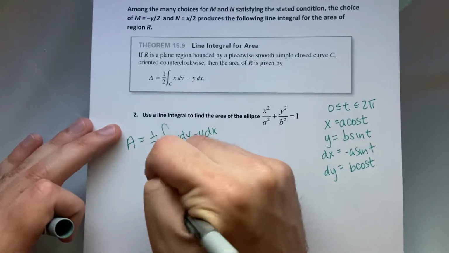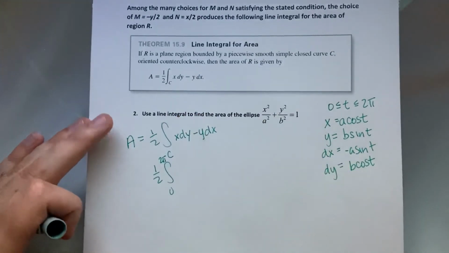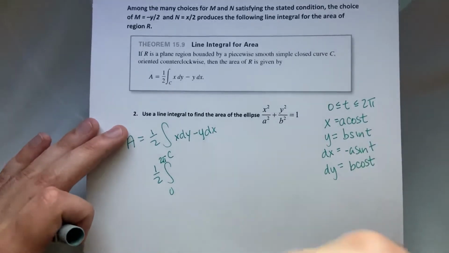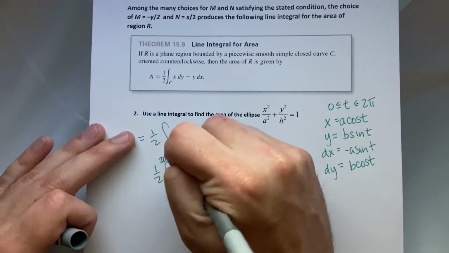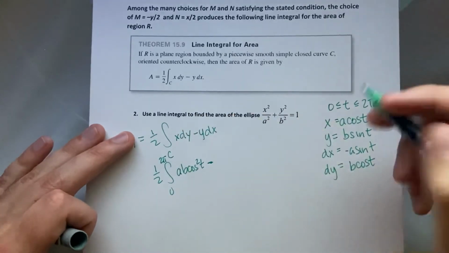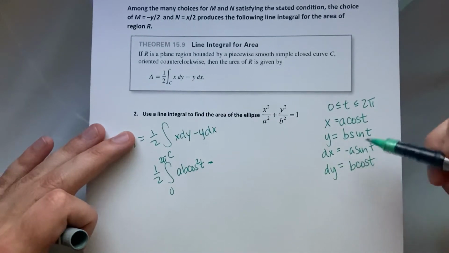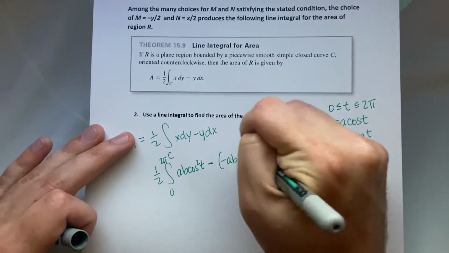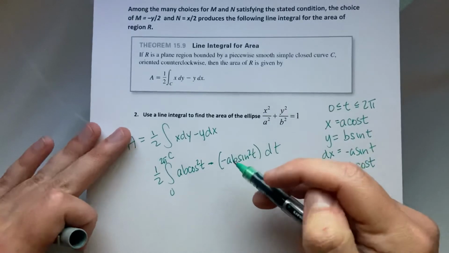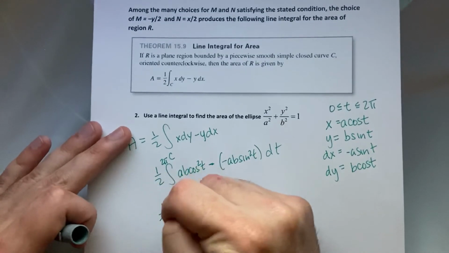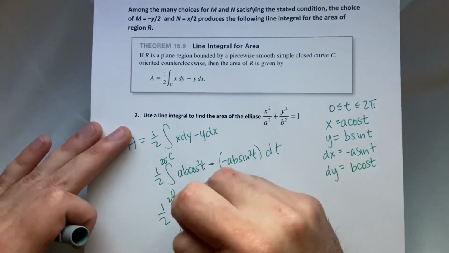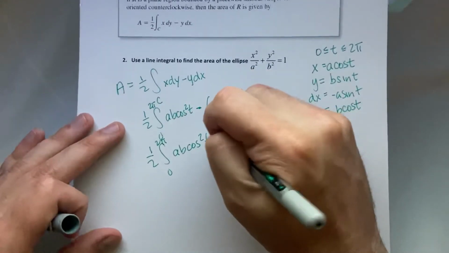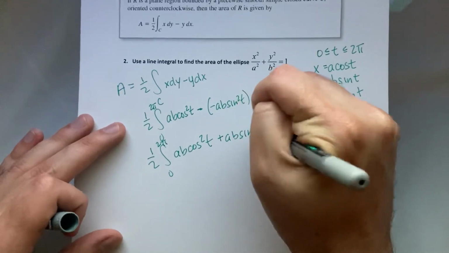Well, that's going to be 1/2 the integral from 0 to 2 pi of x dy, so that's ab cosine squared t, minus y dx, which will be negative ab sine squared t, dt. Minus negative becomes positive, so now this is 1/2 the integral from 0 to 2 pi of ab cosine squared t plus ab sine squared t dt.